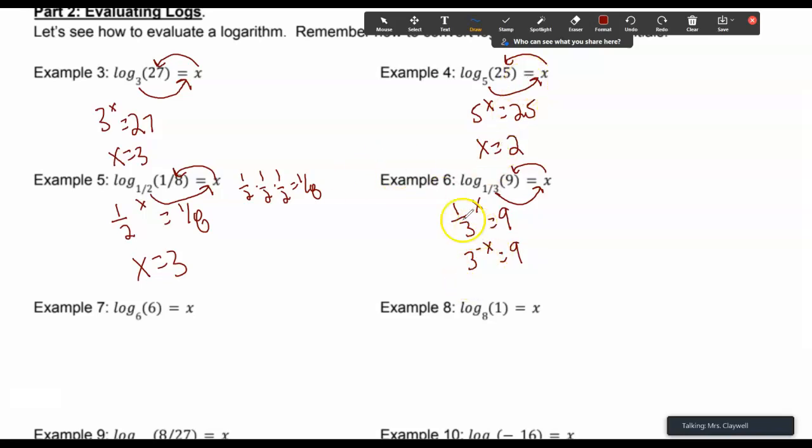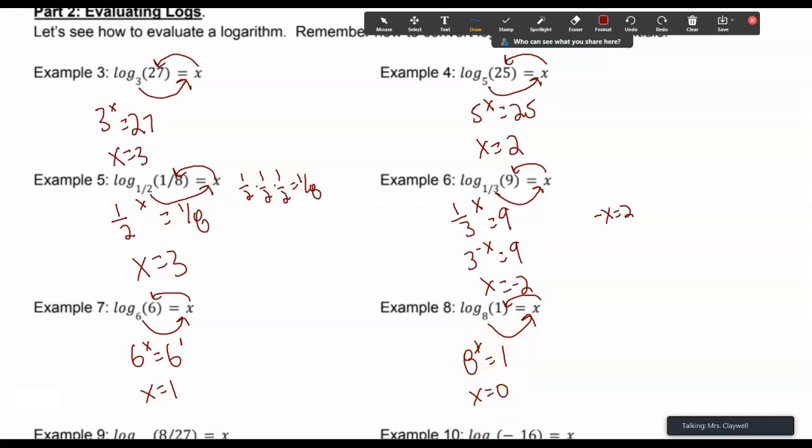So we know that this whole top part needs to be a 2. So negative x needs to equal 2. So x equals negative 2. This is saying 6 to what power equals 6. Think of it like a 1 there. So x equals 1. This is 8 to what power equals 1. Anything to the 0 power is 1, so x is going to be 0 there.